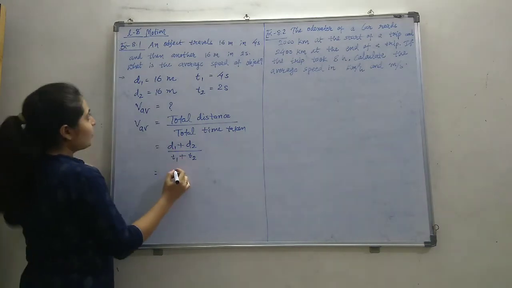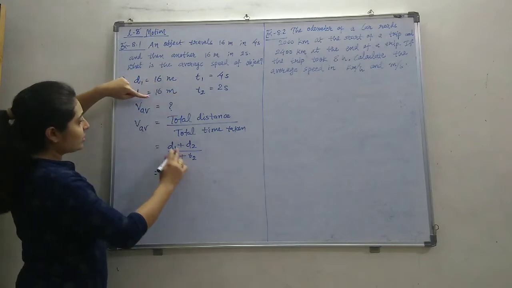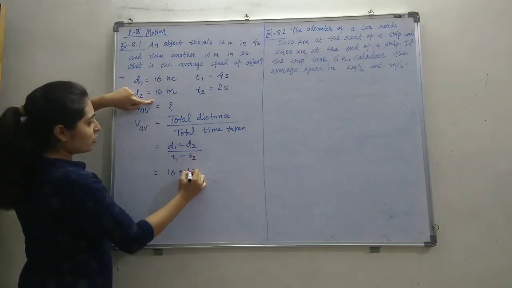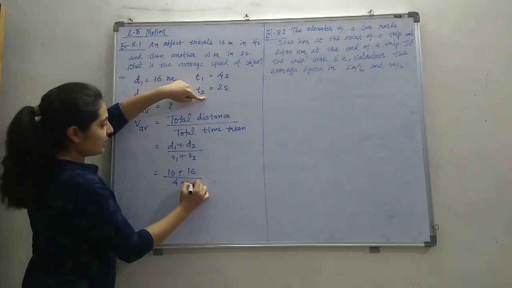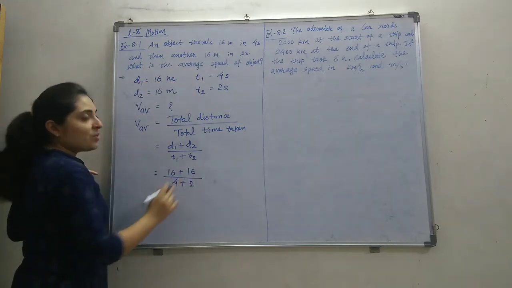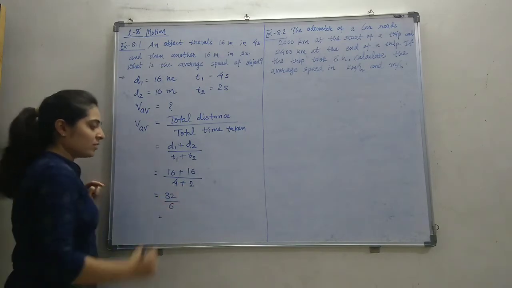So d1 is 16, and d2 is also 16 meters. Time t1 is 4 seconds and t2 is 2 seconds. 16 plus 16 is 32, and 4 plus 2 is 6.